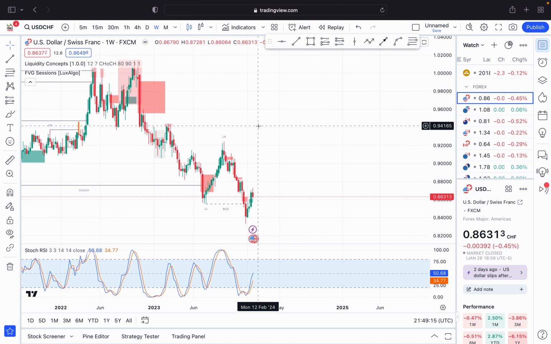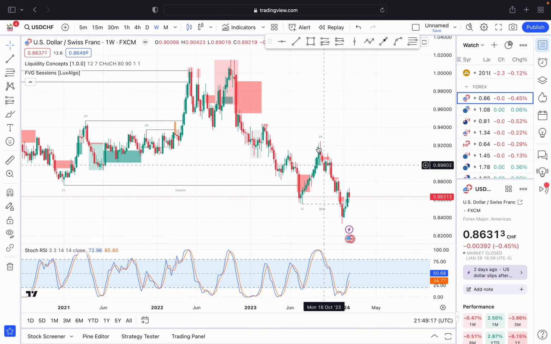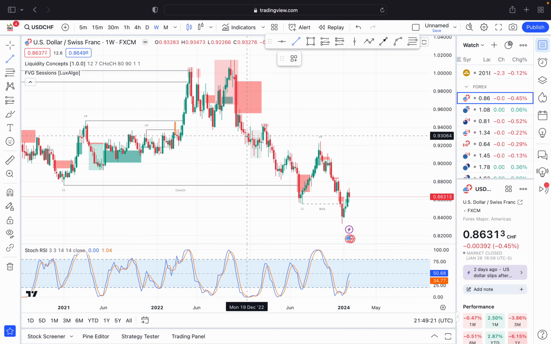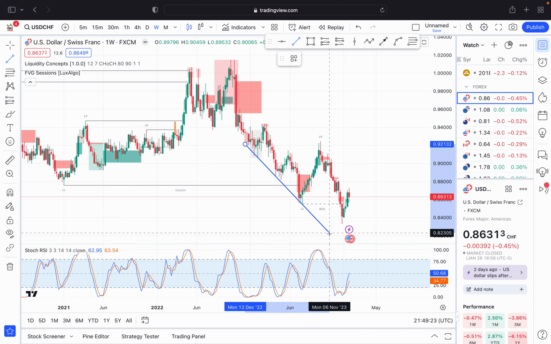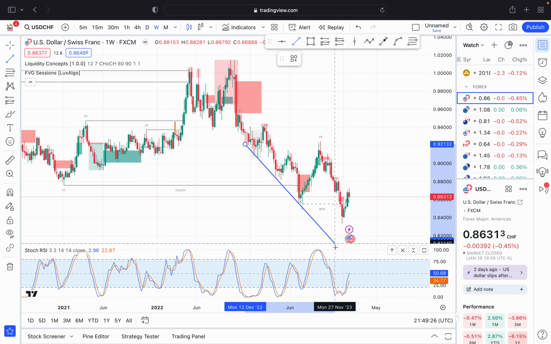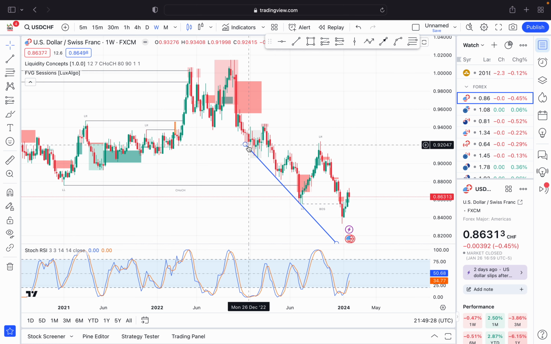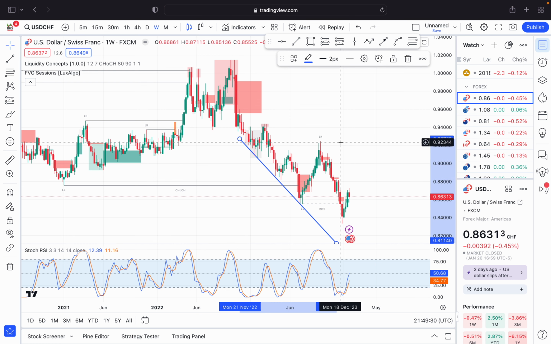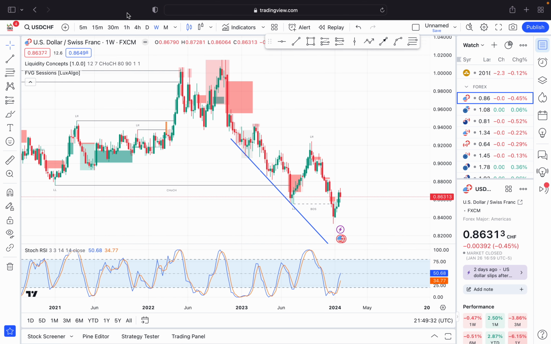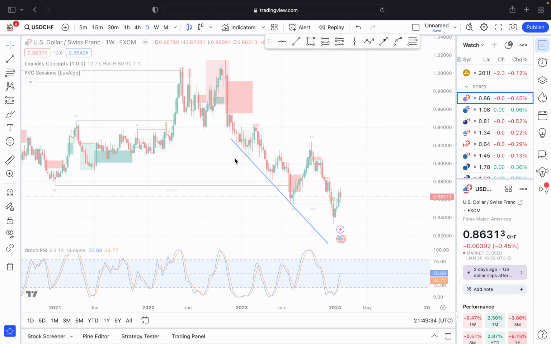So overall it's a downtrend anyway. Could draw something like this maybe. Something around this here. So yeah, we'll drop to the daily.